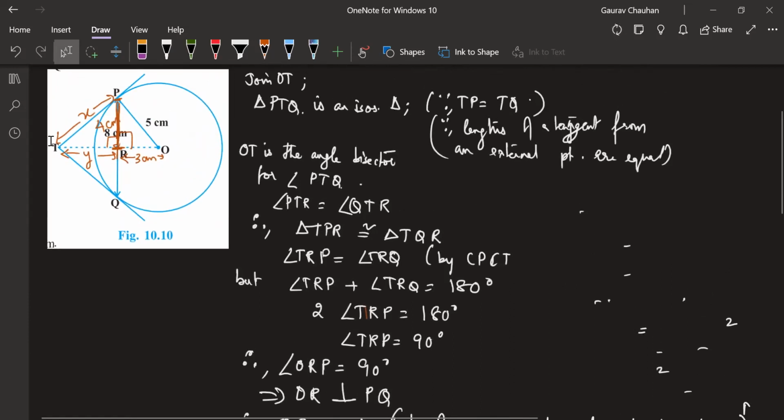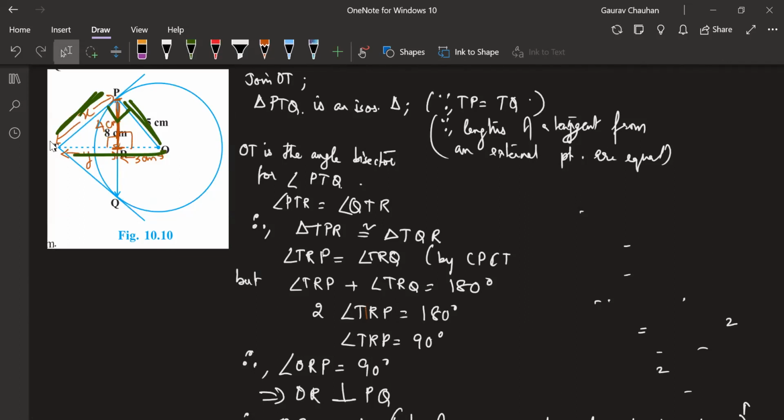Now, in this particular right triangle TPO, I have x square plus 5 square is equal to y plus 3 the whole square. x square is one leg, 5 square is the other leg, and the hypotenuse, opposite to the right angle, is y plus 3 the whole square.